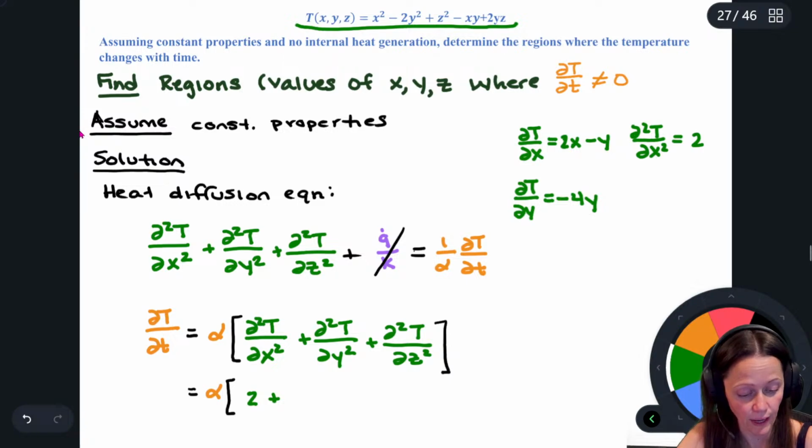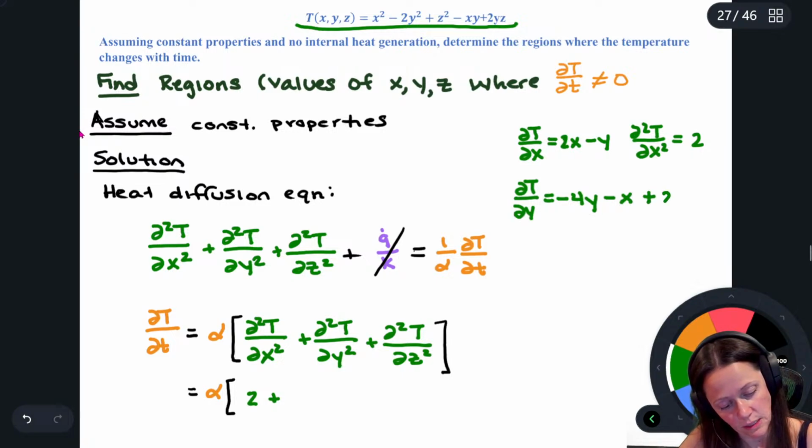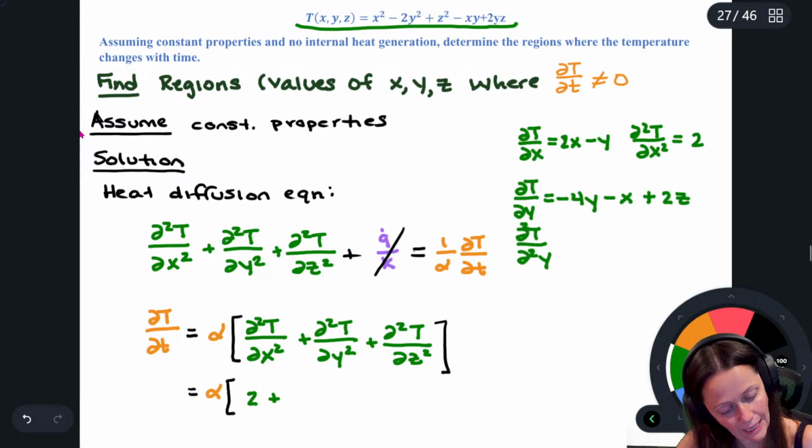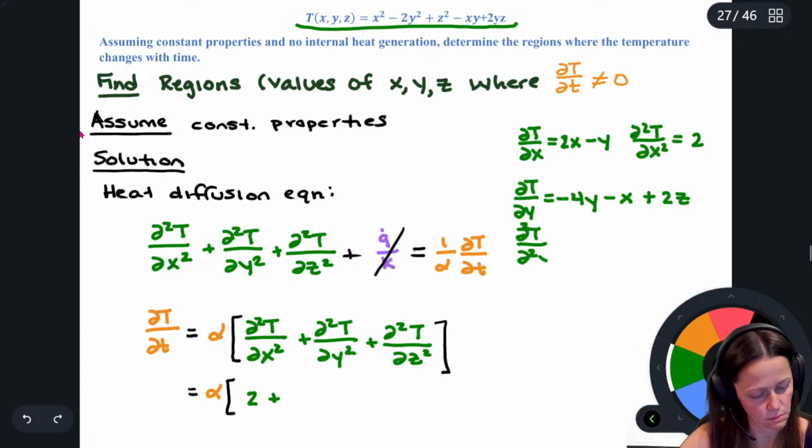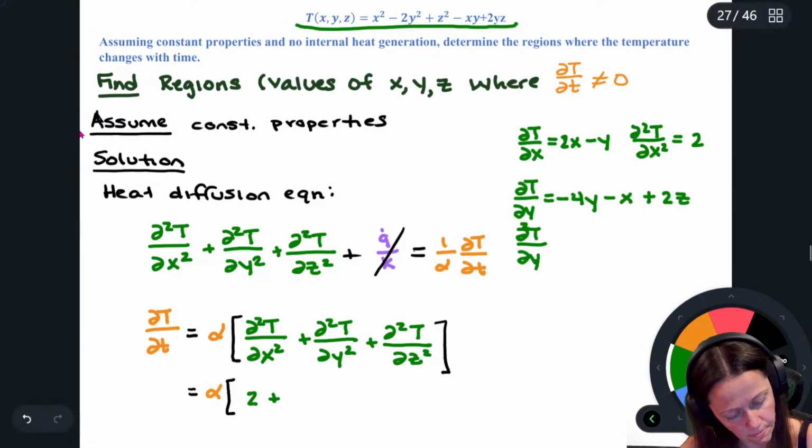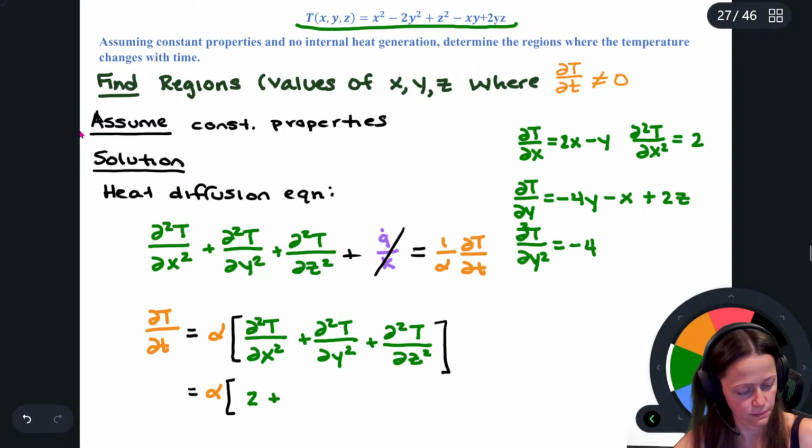The derivative of negative xy with respect to y is negative x. The last one is 2z, but it doesn't really matter, because when I take that derivative again, it's just going to give me negative 4.